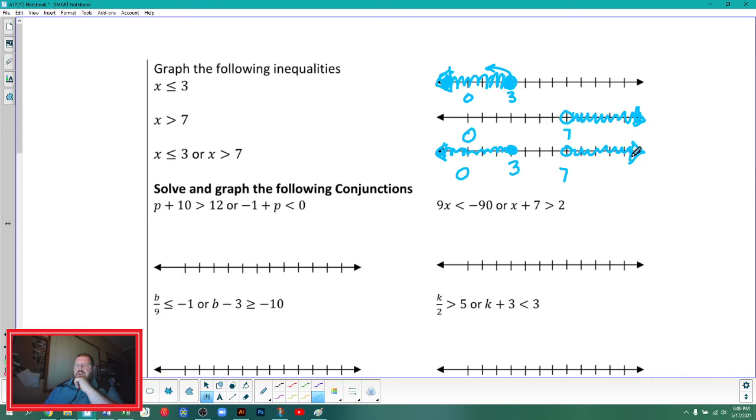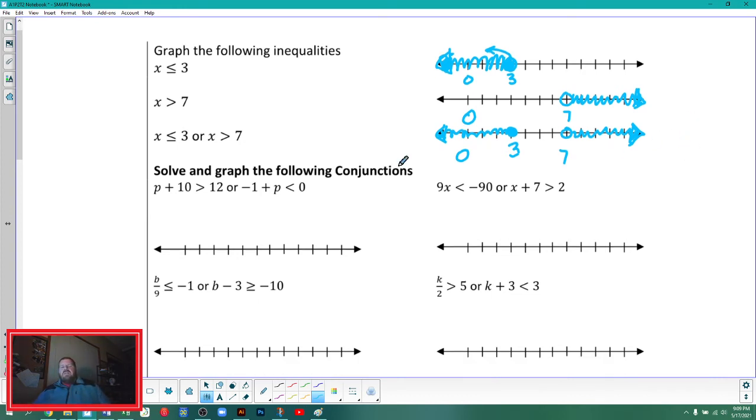And I don't have to worry about any overlap or anything like that. It's just I'm graphing both of them on the same one, and that's just the answer that we get. Wherever both of them are true is more like the intersection answer. But yeah, we're graphing where anything is true. And those could be our answers.